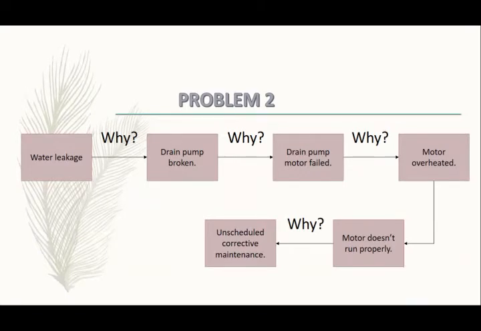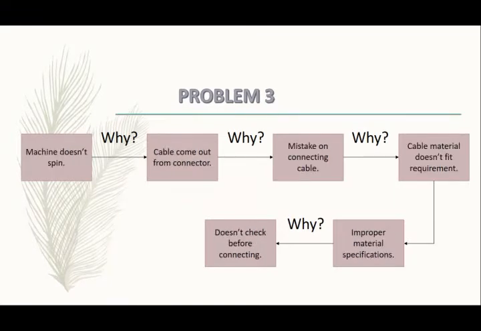So the root cause of this problem is the unscheduled corrective maintenance by the technician or the employees at the moment. So for this water leakage problem, we found out the root cause is the unscheduled corrective maintenance by doing the 5 why analysis.